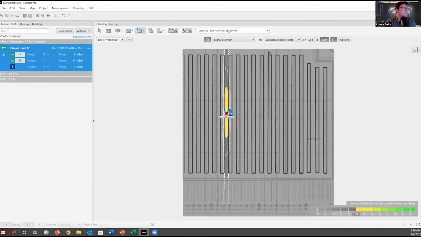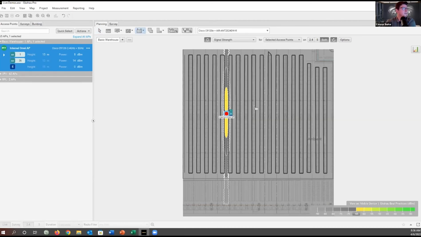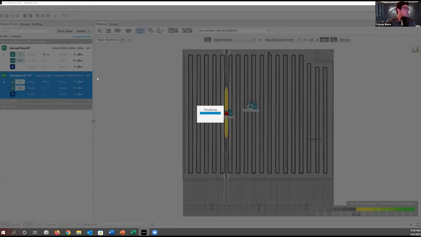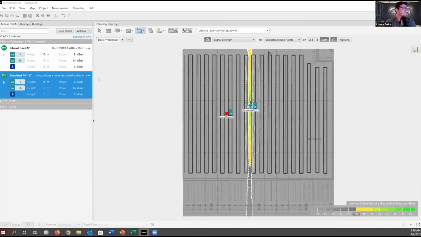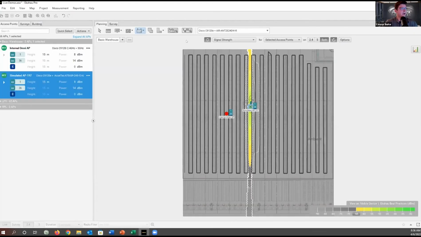However, if you were to go and pick an external AP and mount it with our warehouse antenna, say, oh, that one was already set up. So you would go in here, type in our 13 dBi warehouse antenna, which is the part number there, put it on the ceiling, put it at the same 15 meters, the same power level.